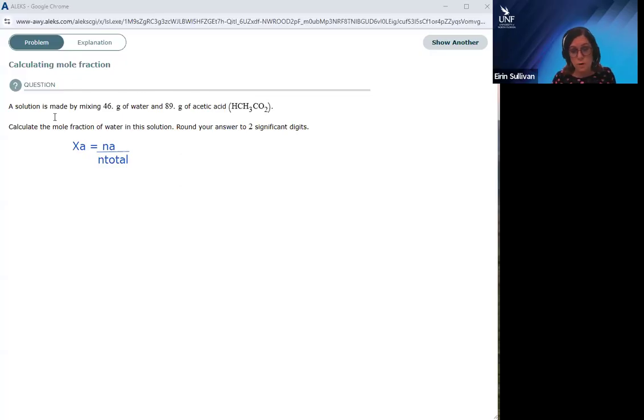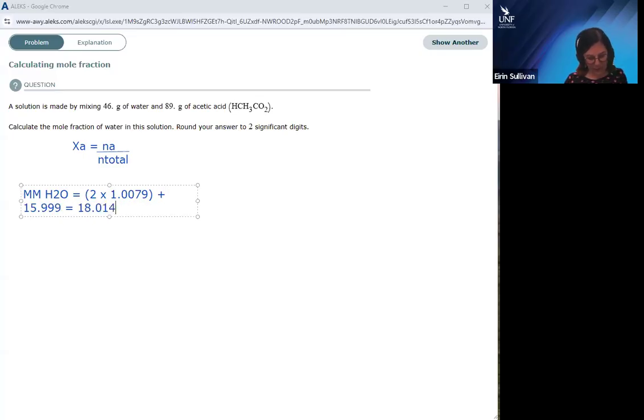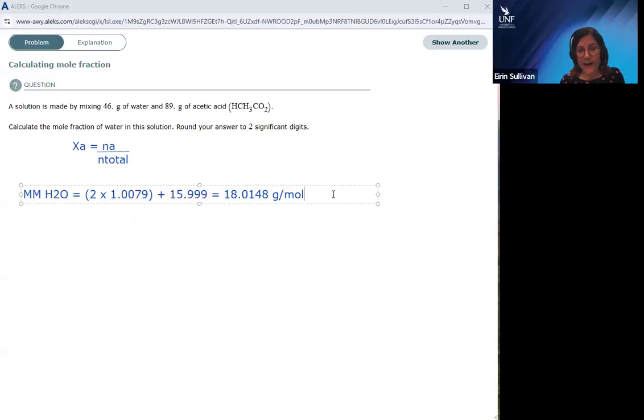First of all, the molar mass of water I'm going to get from taking 2 times hydrogen molar mass, 1.0079, plus oxygen 15.999, so that gives me 18.0148 grams per mole. And then we're going to do the same for my acetic acid.